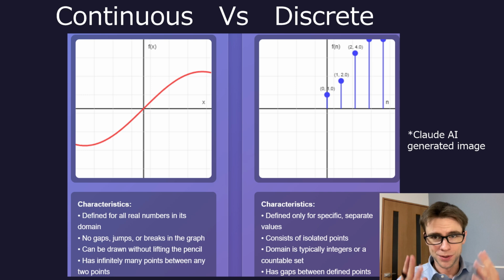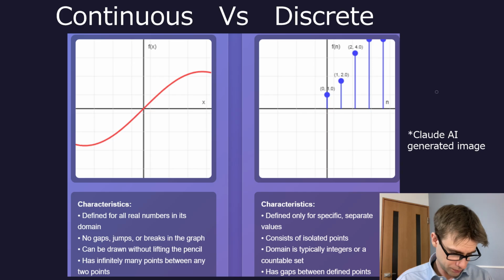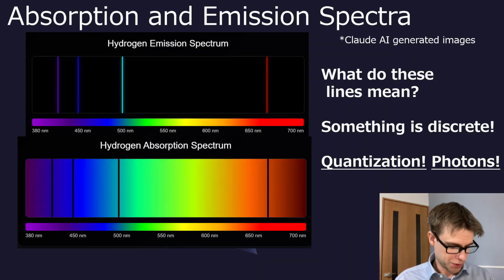Okay, so assuming we can understand that, that's going to help us define some things in chemistry here as well. So the spectra that I showed you were of a particular gas, and that gas is hydrogen. And these are the lines that it either emits or absorbs in the visible spectrum. And what do these lines mean?